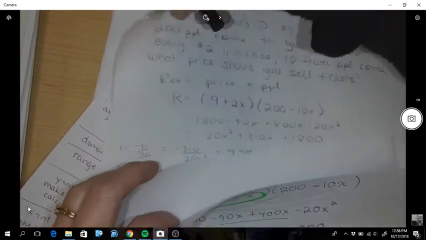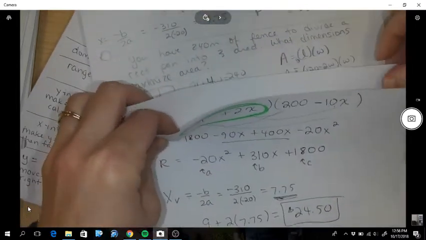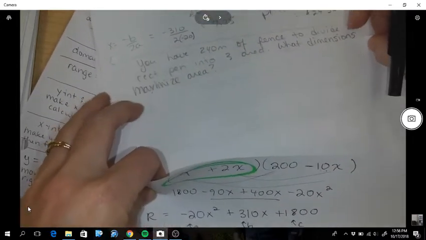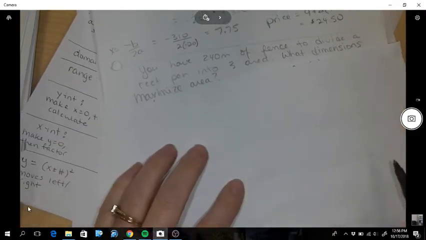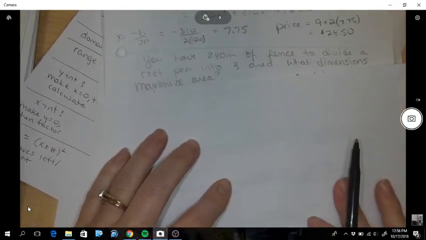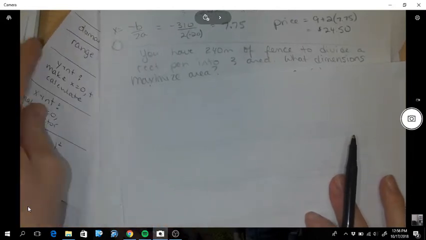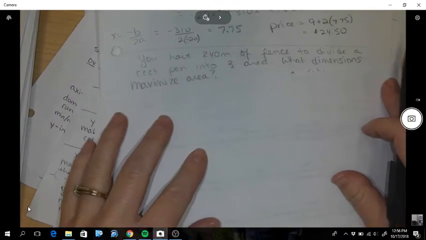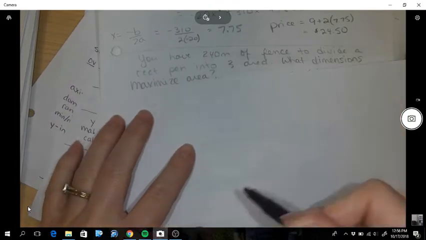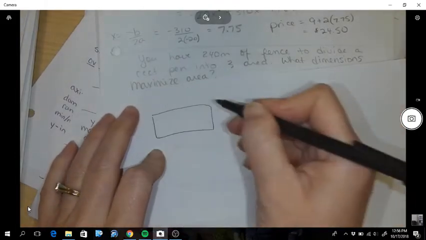Okay, now I'm going to show you an area problem. You have 240 meters of fence to divide a rectangle pen into 3 areas. What dimensions will maximize your area? So we're going to draw a fence.